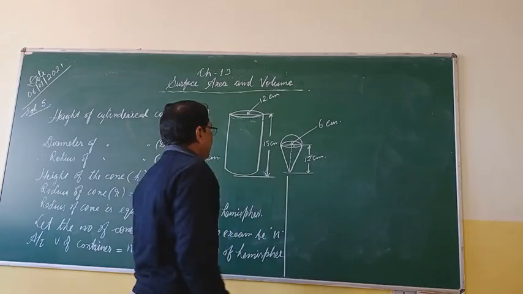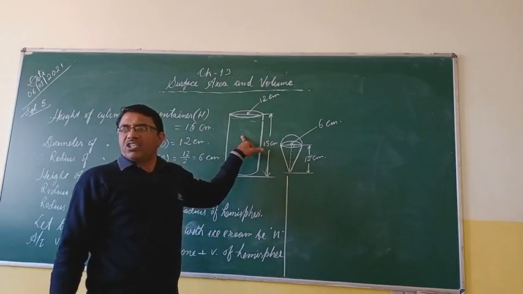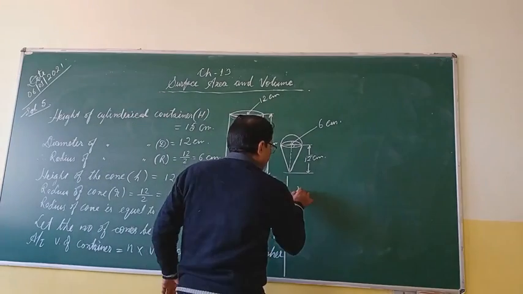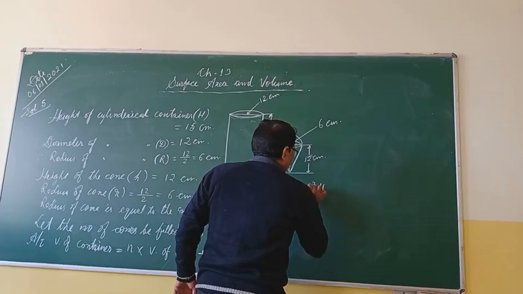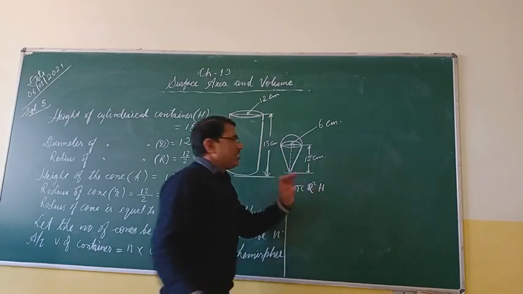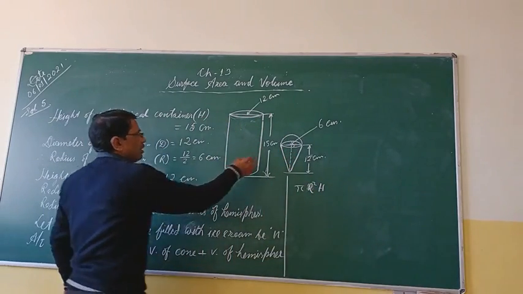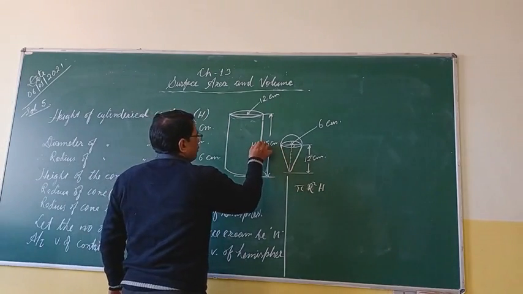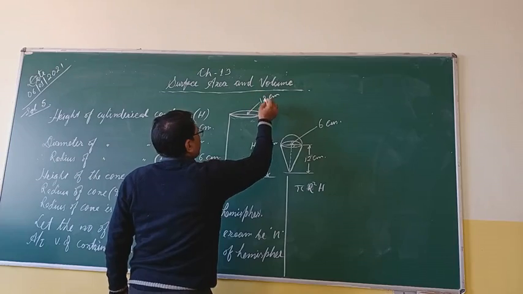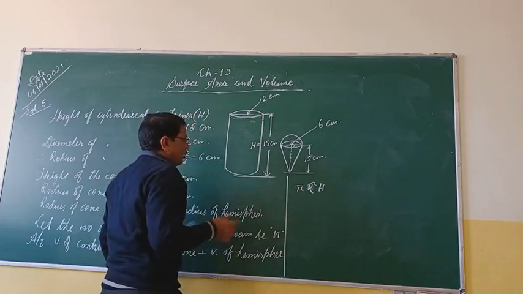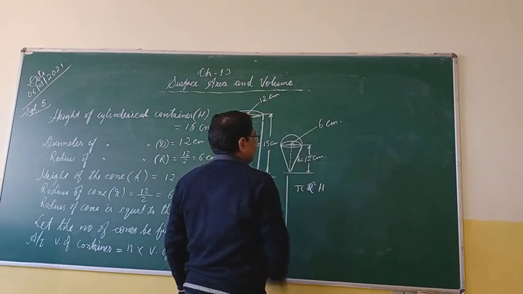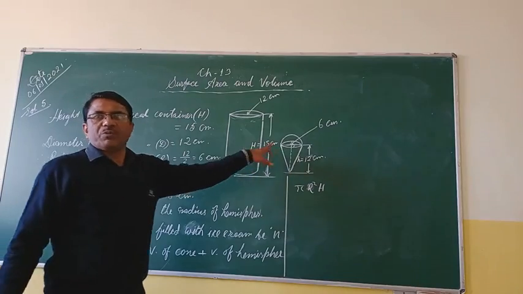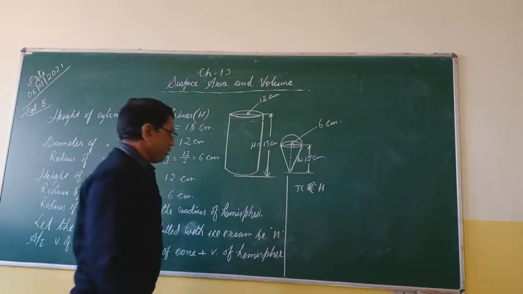Now volume of container, cylindrical shape, is pi r square h. This r is capital R, this h is capital H. We shall take now small r and small h for the cone.